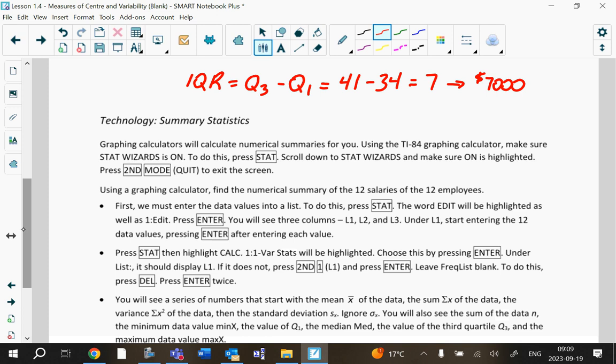Okay, first thing we got to do, because it helps us enter data values, is we got to make sure the stats wizard is turned on. So to do this, you got to press, that's wrong. I've already got it wrong. It's not stat.